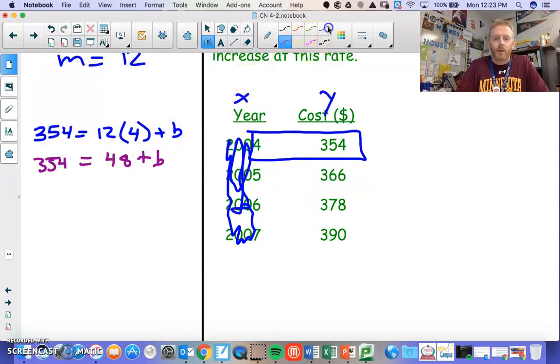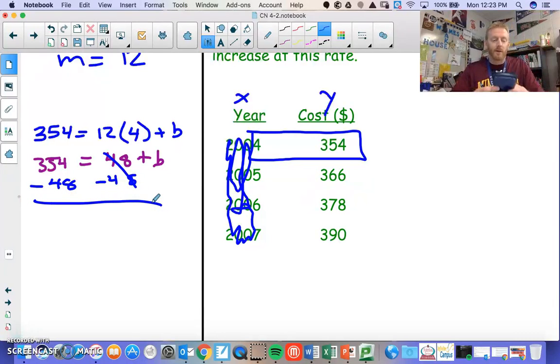And then we're going to subtract 48 from both sides to get my b. So I'm going to use my trusty calculator just to make sure I don't make silly mistakes or have fat finger syndrome, which would be a silly mistake. 354 minus 48. Good, it's what I thought it was. So 306 is my b.